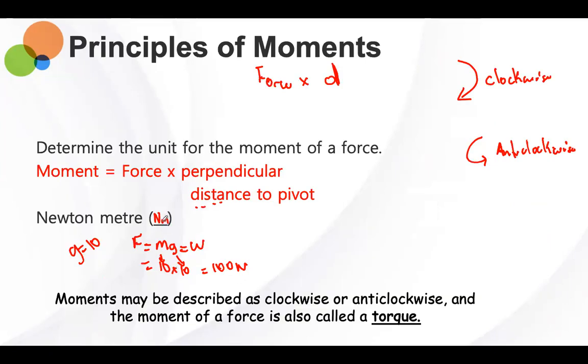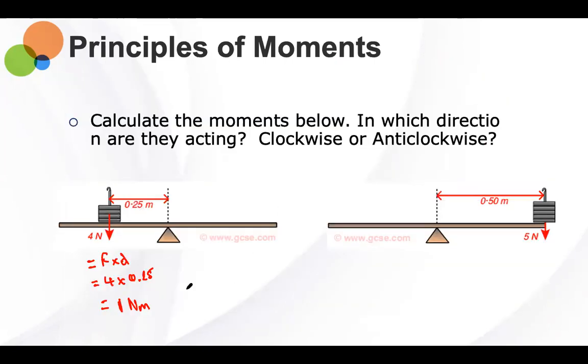Sir, can you go over that again, please? This particular section, about the newtons, the question that we just did about the 0.25. Okay. So we have our force here, 4 newtons, acting in this direction, so this will be anti-clockwise. And this is 0.25 meters away from the center, or our fulcrum right here.